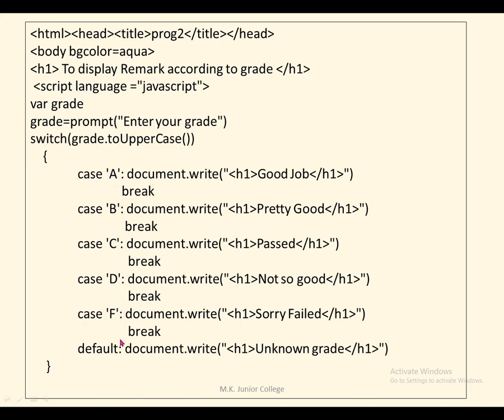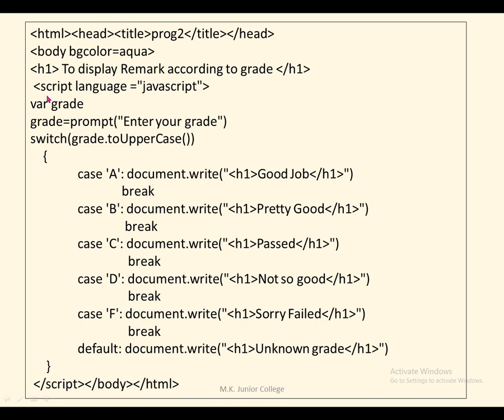So this way the switch case statement is used in your program and this curly bracket is very important. Here I'm managing some space, not necessary. This is just to help you understand. While writing, no need to add extra space anywhere. At the last you are closing the script, closing the body, closing the html.